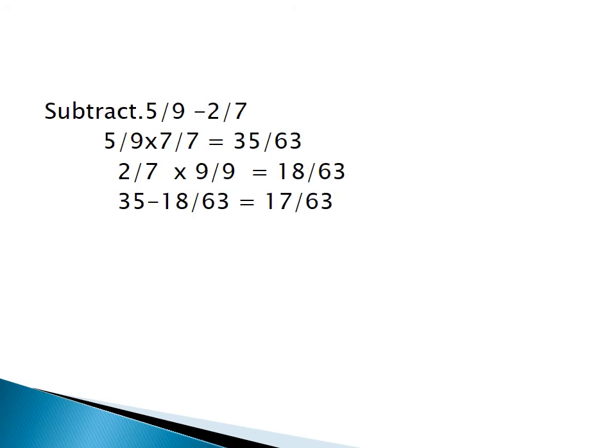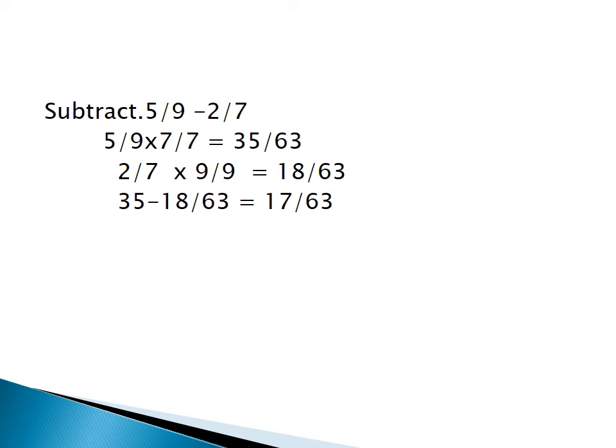Now we will learn how to subtract the unlike fractions. For subtracting the unlike fraction, we will follow the same method as we have done in addition. First of all, write down the first fraction, multiply by the denominator of second fraction. 5 7s are 35, 9 7s are 63.